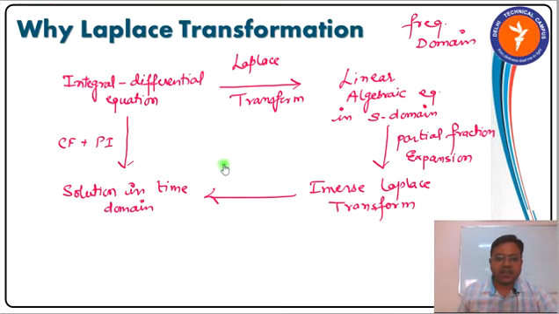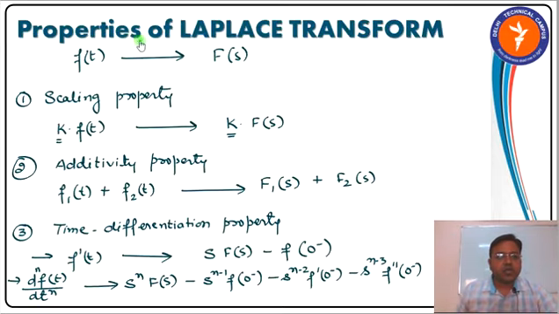But before that, let us have a quick look at the properties that we discussed in the last lecture. If we have a function f of t and I take the Laplace transform of it, then I will have a Laplace function F of s.